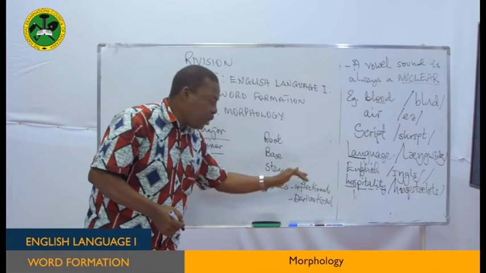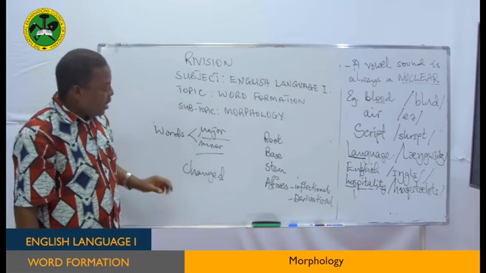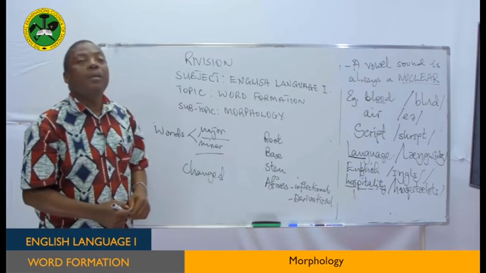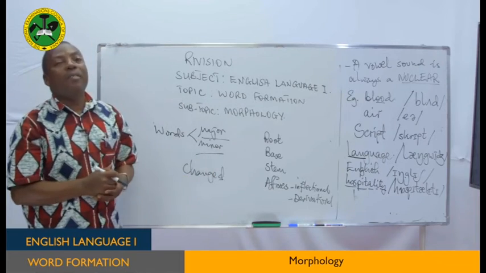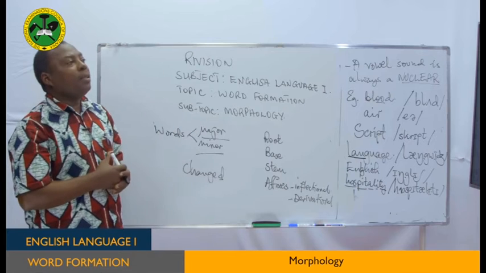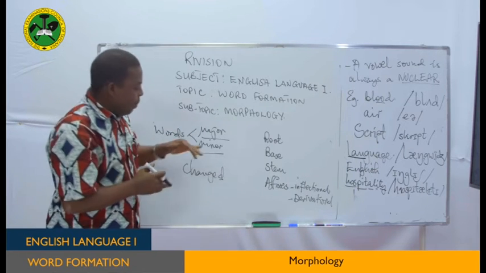Now, in which category out of these two you place it? Under inflectional, as long as it has not changed the word class from it being a verb to become any other word class. So it is a verb and it results to a verb after the addition. The word rapidly, it is under major word class.